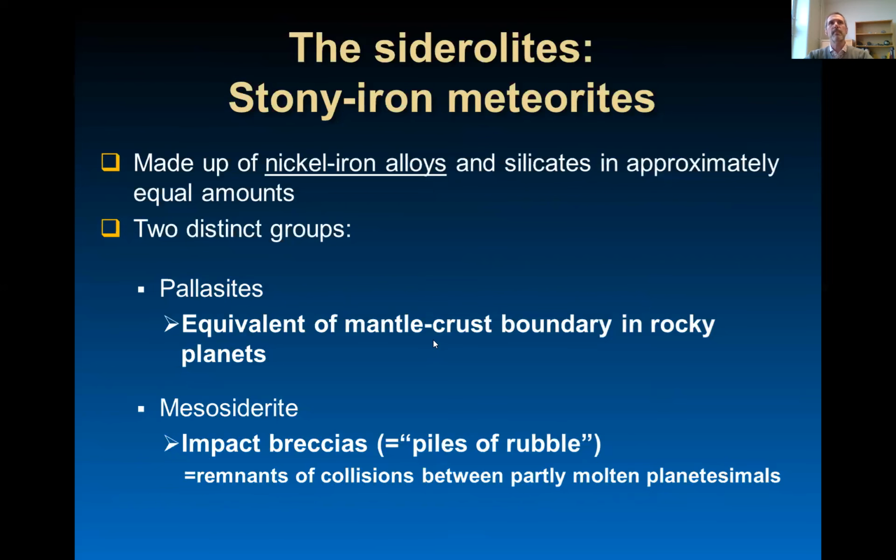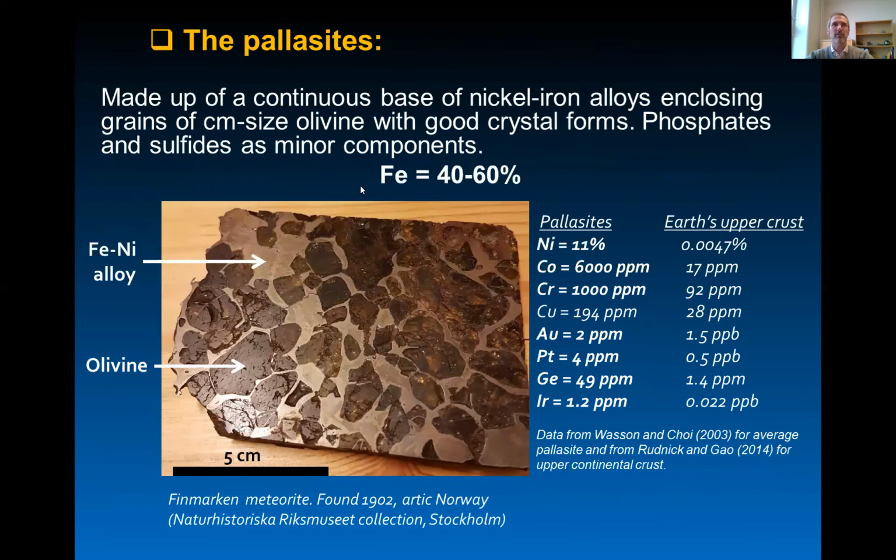In detail, first, the pallasites. They are made up of a continuous matrix of nickel-iron alloys. This is what you see in this picture. And this matrix encloses grains of centimeter-size olivine.